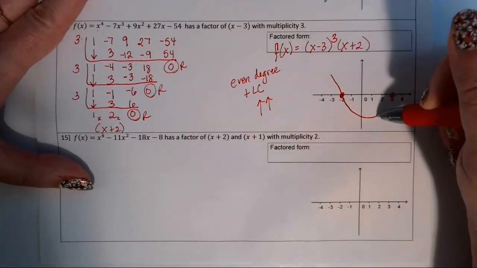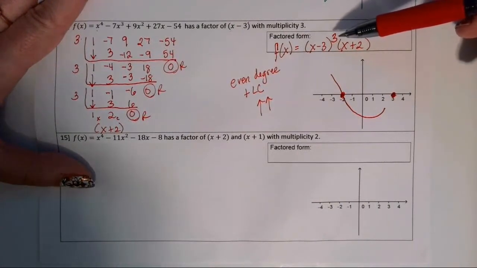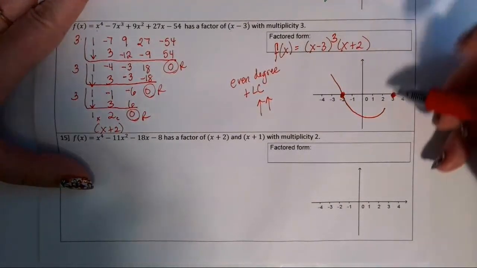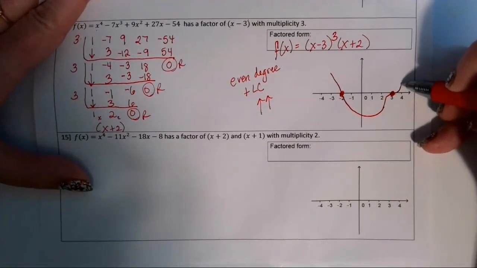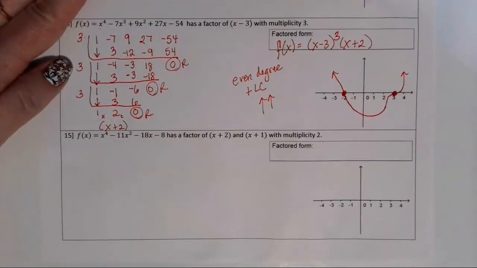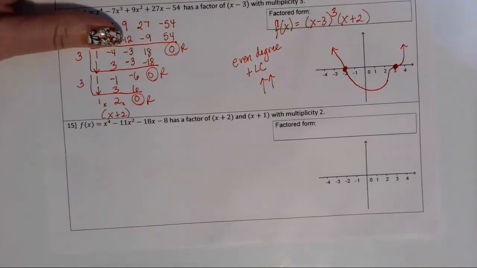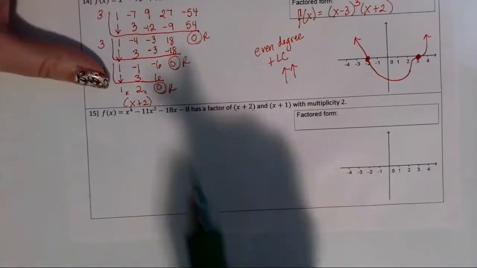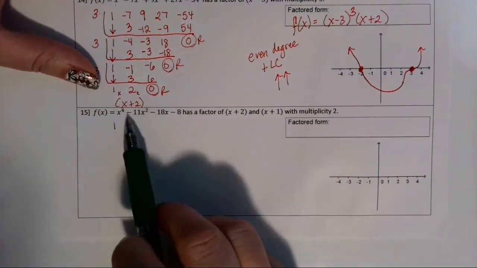Then we have a turning point, and I see the multiplicity on that factor of x minus 3 is odd, greater than 1. And so I know the graph has to wiggle at that real 0 and then head up to positive infinity.